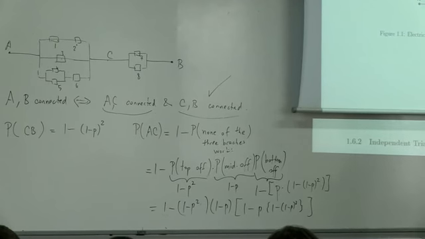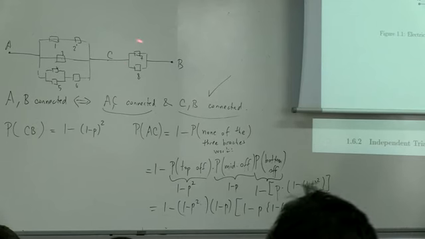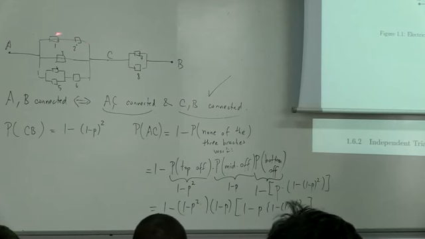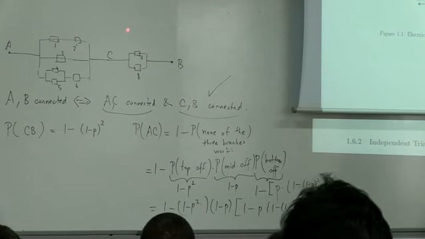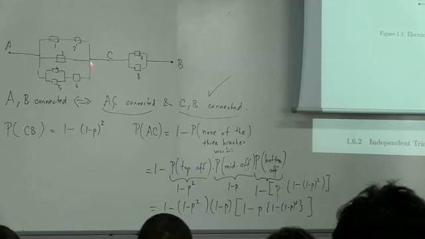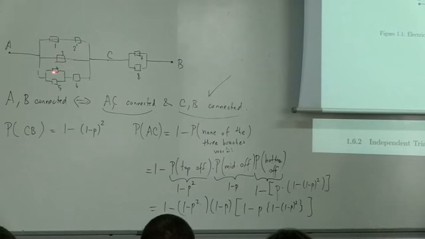Because of this, take any subset, like 7 and 8. 7 and 8 is independent of 1 and 2. Any combination of 7 and 8 is independent of any combination of 1, 2, 3, 4, 5, 6, etc.